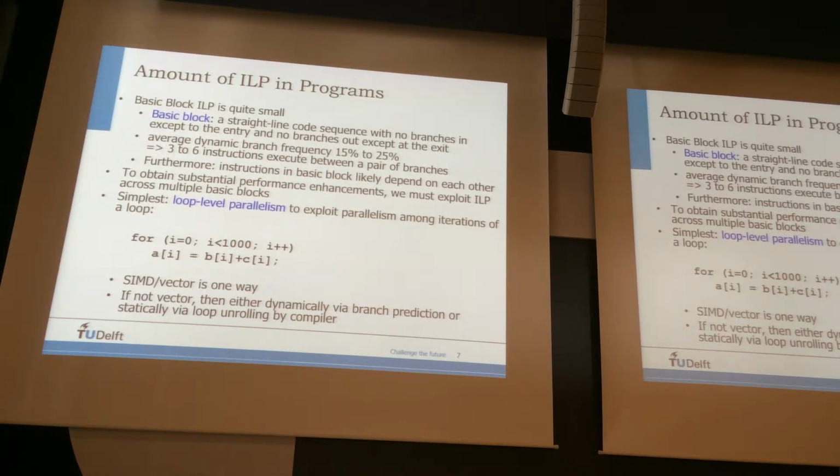Then if I issue instructions from different blocks, I have parallelism. If I just look in the block, I can do that addition in parallel with the incrementation of I, but that's it. I cannot do two additions.